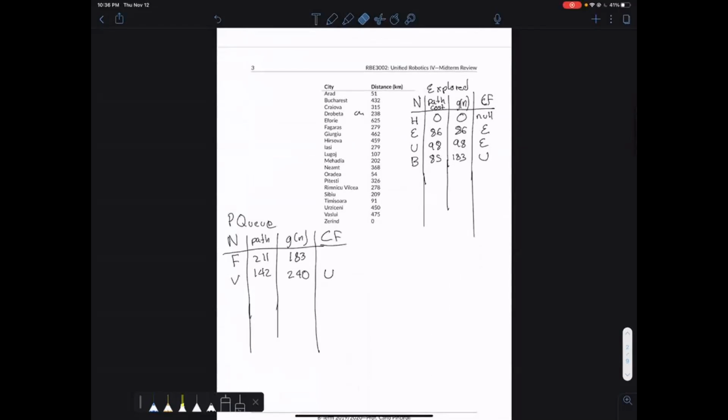What is 183 plus 211? I need a calculator. Hold up. 183 plus 211. Okay, that gives us 394. Okay, and then our came from is going to be node B.